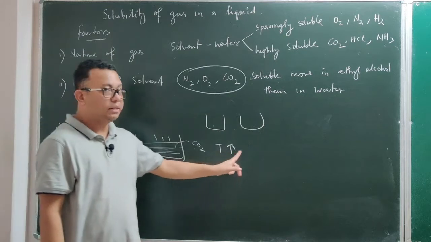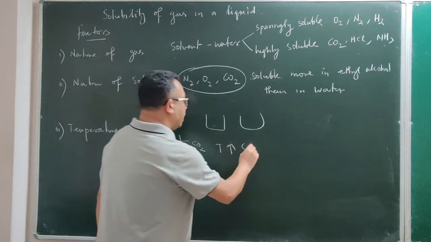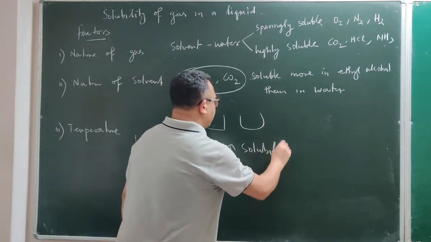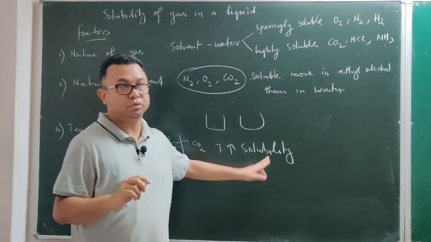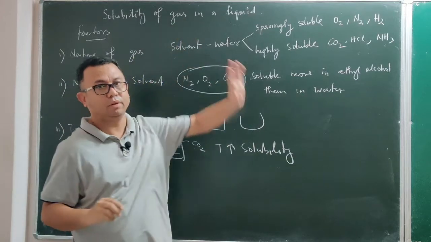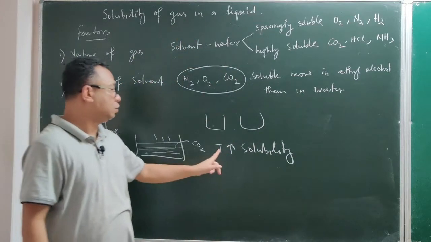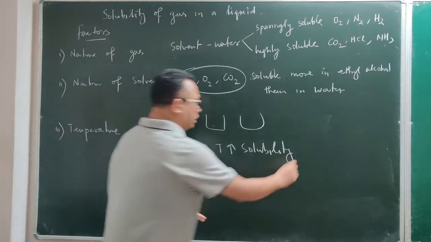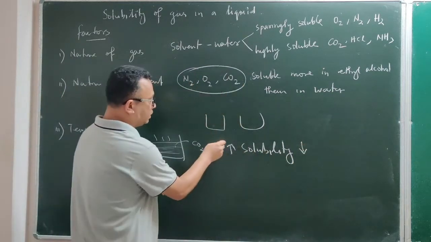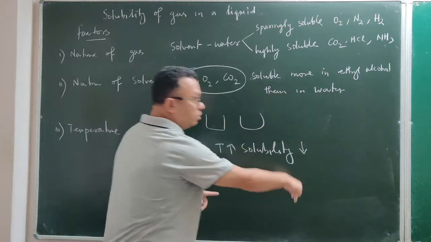That means with the increase in temperature, the solubility of the gas decreases. I am talking here about the solubility of a gas, not of a liquid or a solid. So the solubility of a gas in a liquid decreases with the increase in temperature. If temperature increases, solubility of the gas decreases.